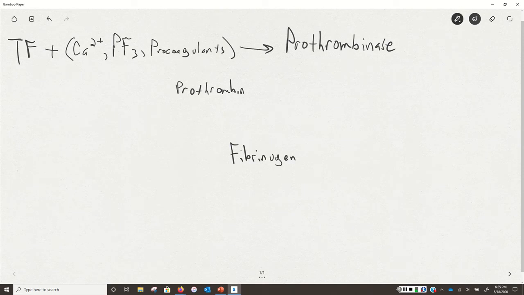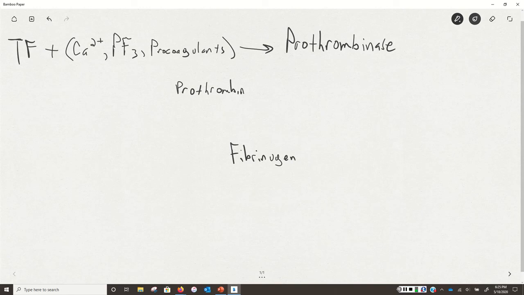How do we know that? Because almost without fail, enzymes will end in ASE. And enzymes, remember, are proteins that cause a reaction to occur without becoming a part of the reaction or being changed by the reaction. So what does prothrombinase do?